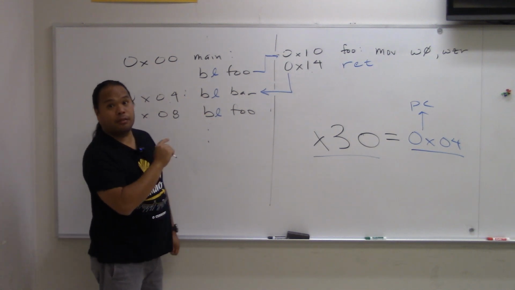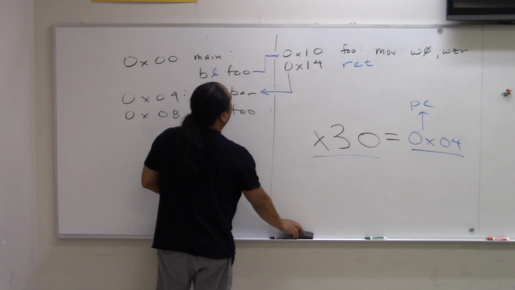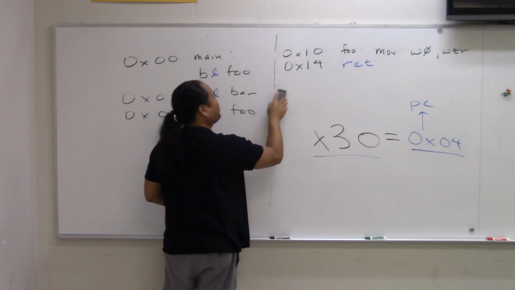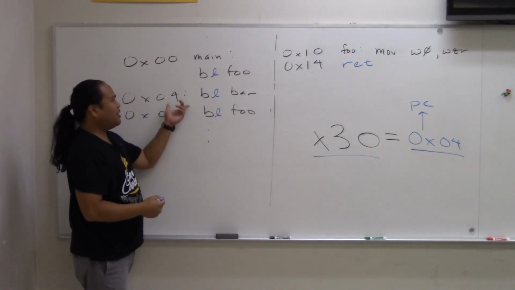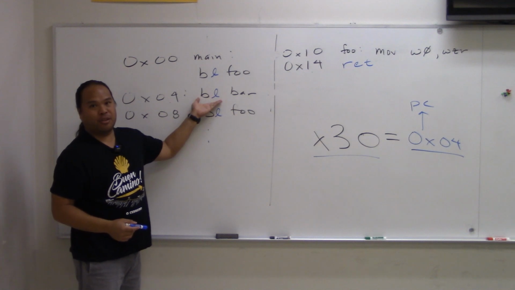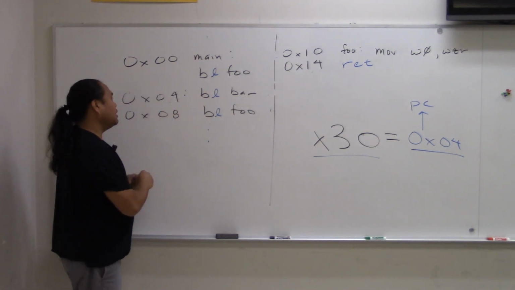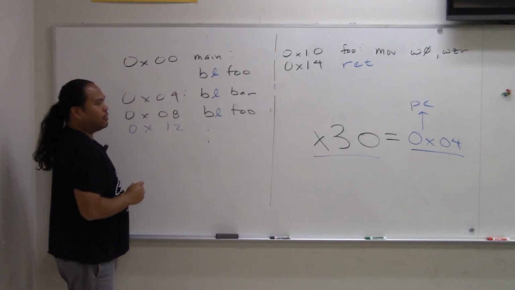Let's check the second function call just to make sure it works for all situations. Let's just skip the bar because I don't want to write the function implementation for bar. Let's just assume that bar executes appropriately. We hit instruction address 8. I guess you can assume that there's a 12, but in the context of this example, it doesn't really matter.